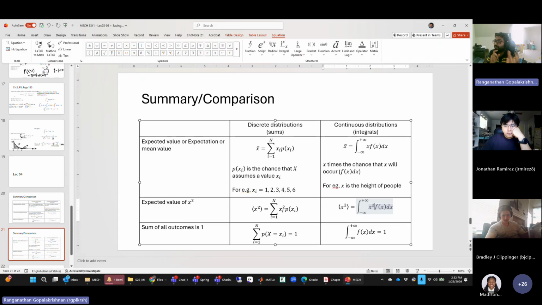Now I'm taking x squared and weighting it by the probability that x will occur. In either case, I'm getting the expected value of x squared.